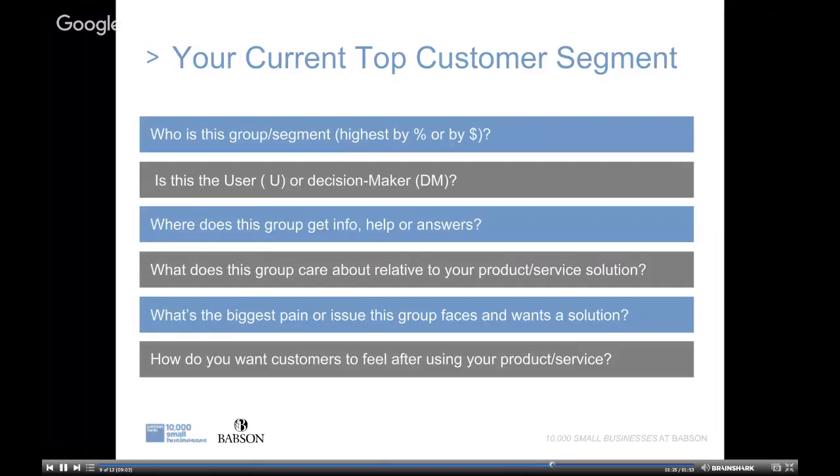What does this group care about relative to your product or service solutions? What's the biggest pain or issue this group faces and wants a solution? And finally, how do you want customers to feel after using your product or service? This is a good exercise you could actually bring to your work environment and have your staff help you answer these questions.